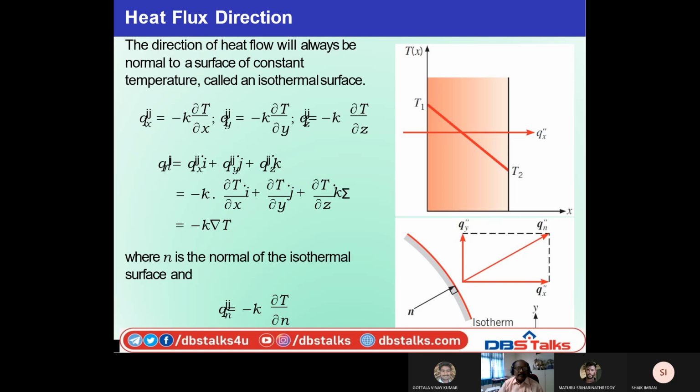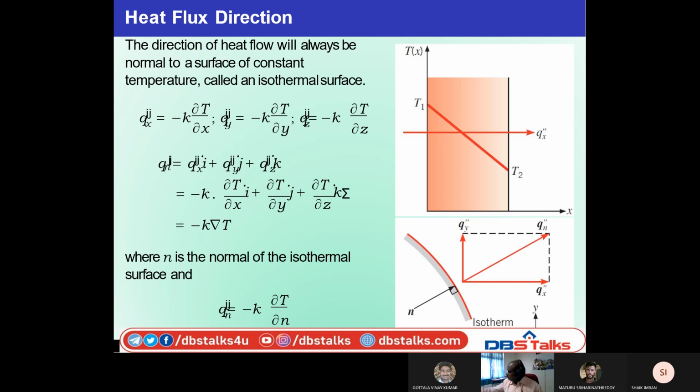Since Qx equals minus k into dou T by dou x, if you substitute here, we get minus k into dou T by dou x, plus the same for y and z.